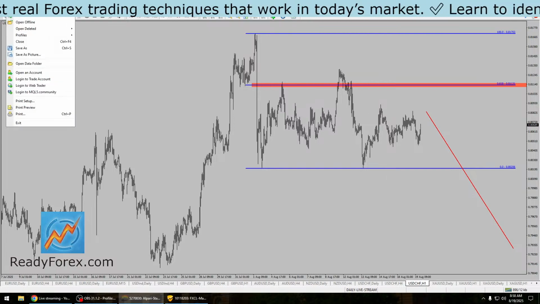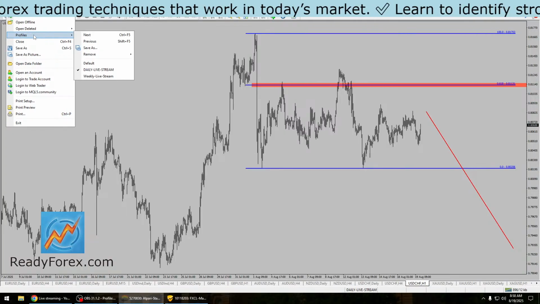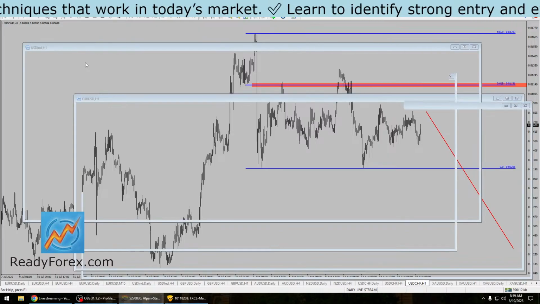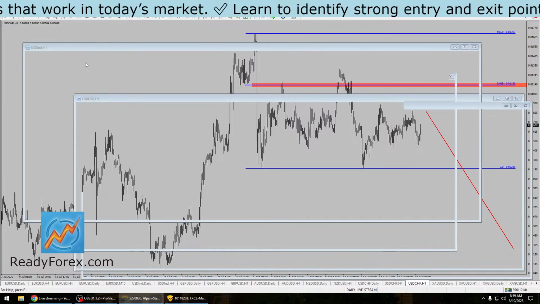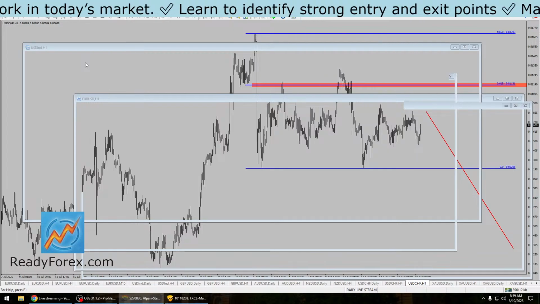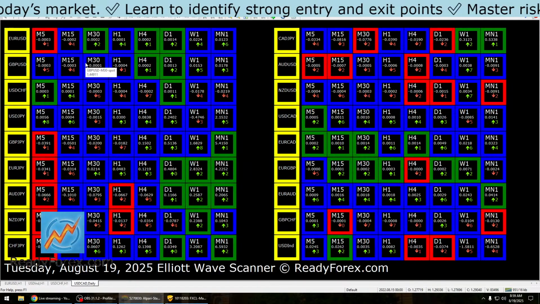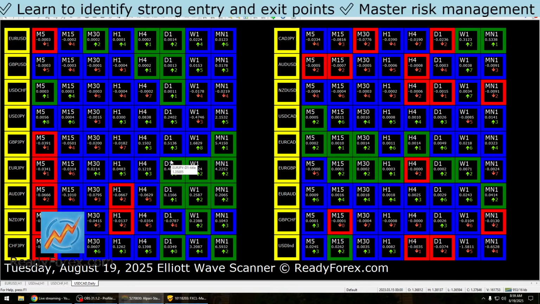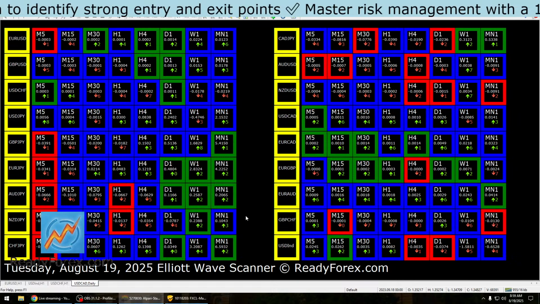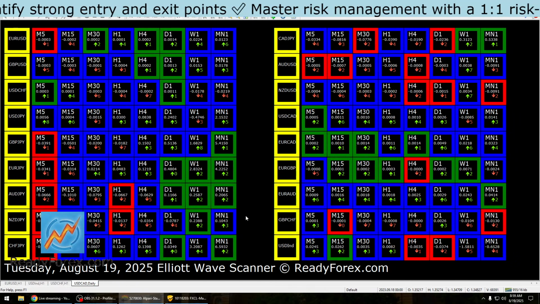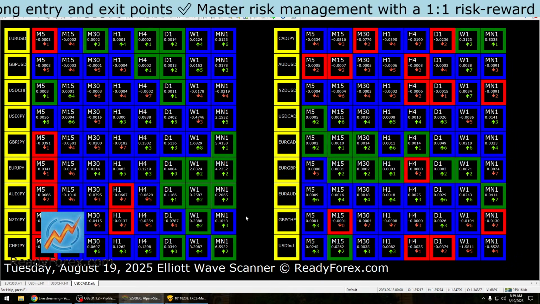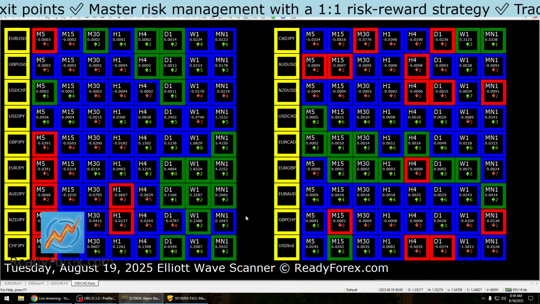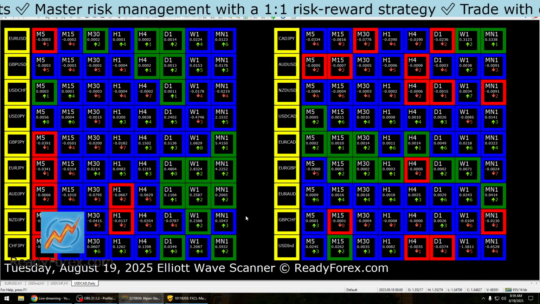Let me go back to the scanner. Okay, the 30 minutes is actually kind of bullish. 4-hour and daily, both are bullish in euro.